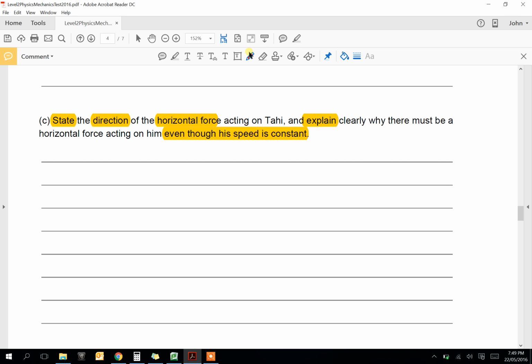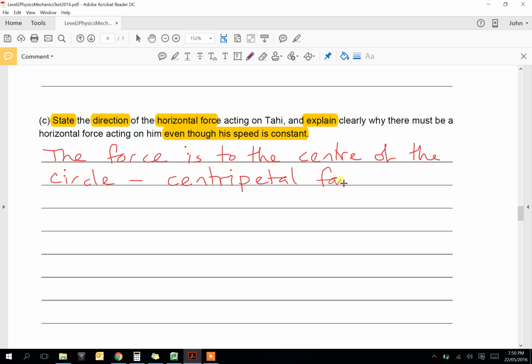Okay, so I remember that in circular motion the force is to the center of the circle. Fancy word for that, if you remember, was centripetal force.